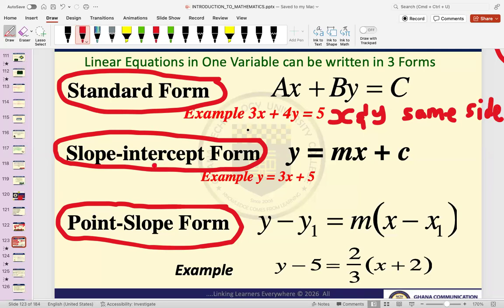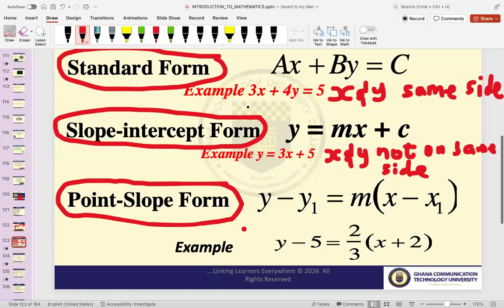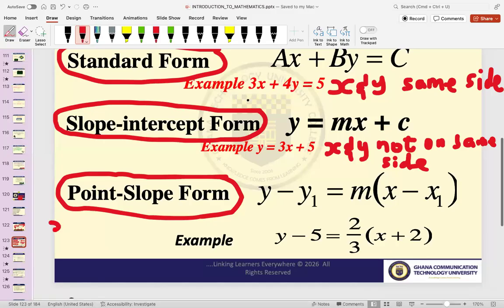What about the second one, slope intercept form? You will see that the x and the y are not on the same side. So that is the difference between the first one and the second one. And then the third one, you also see that both x and y are not on the same side.